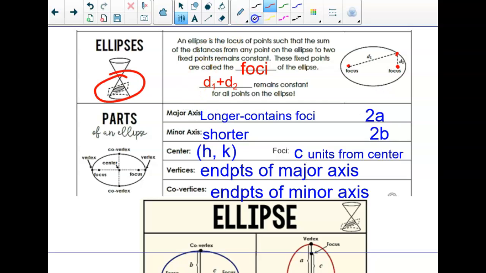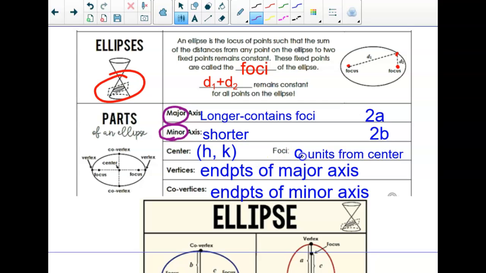Okay, so the word major axis simply applies to the longer one. And the total distance is going to be 2a from one end to the other. The minor axis is the shorter one. And the total length is going to be 2b. Center is h, k, same as all of these.